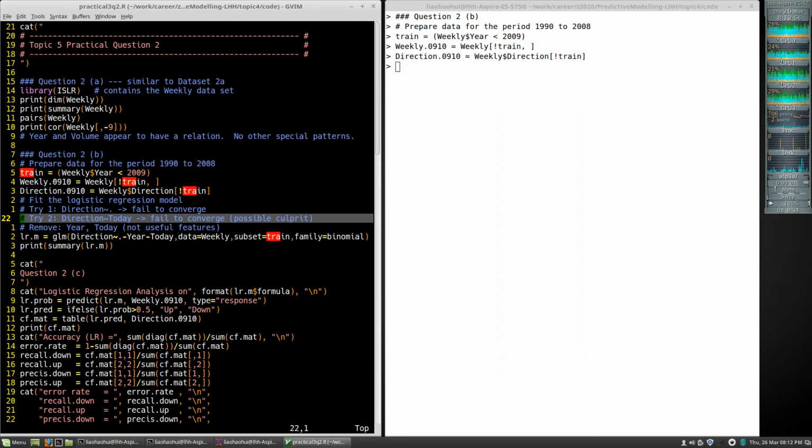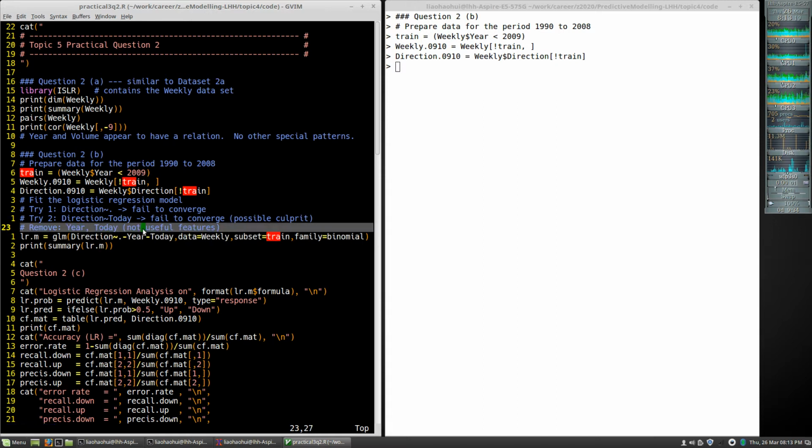I realized that the Today variable causes the algorithm not to converge. That is why there is a negative sign here to remove Today. Year is just something like an index, so it shouldn't affect the training, and that is why it is also removed.